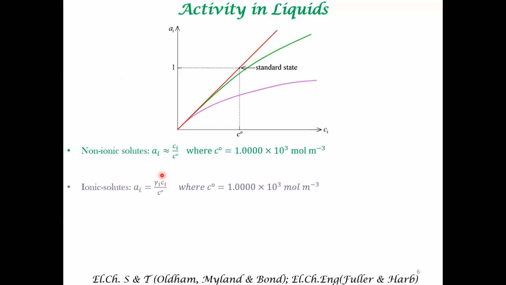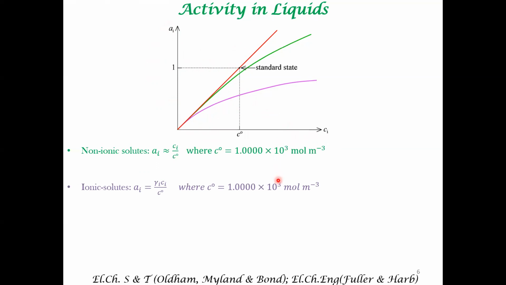Let's move on to the system that is most relevant for our discussion of electrochemistry, which is activity in liquids. What we see here on the y-axis is the activity of a species i. On the x-axis, we have the concentration of this species. This red line is where a_i is equal to c_i.